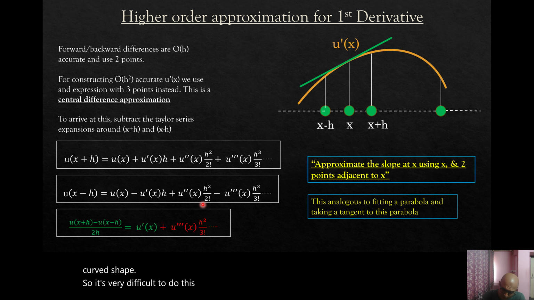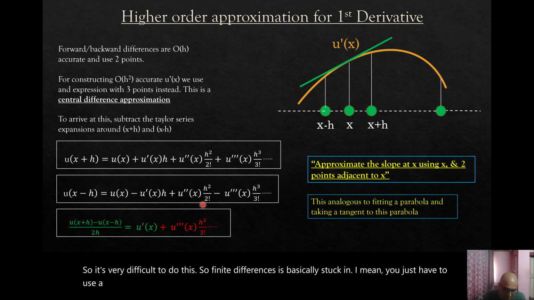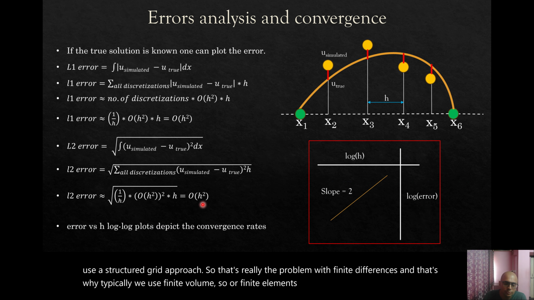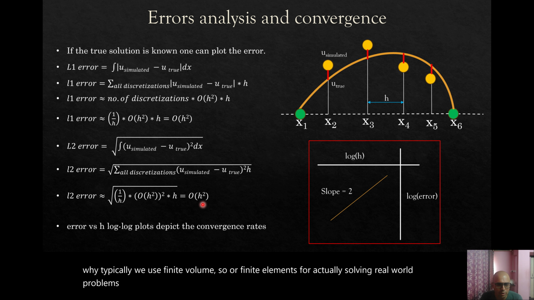So finite differences is basically stuck, you just have to use a structured grid approach. That's really the problem with finite differences, and that's why typically we use finite volumes or finite elements for actually solving real world problems. But it's good for learning purposes, and so now let's learn about errors by using finite differences.